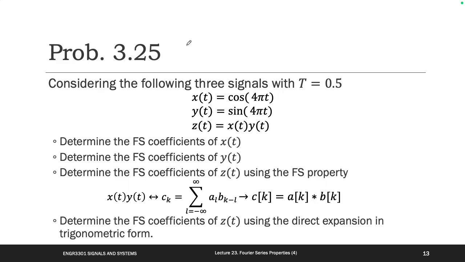For example, you have a signal x(t), you have a signal y(t), and then z(t) equals x(t) multiplied by y(t). Firstly, let's determine the FS coefficients for x(t), and then the FS coefficients for y(t), and then we use this property to determine the FS coefficients for the new signal directly.